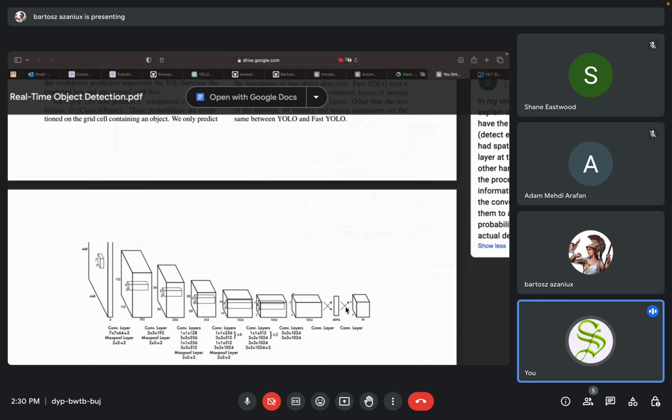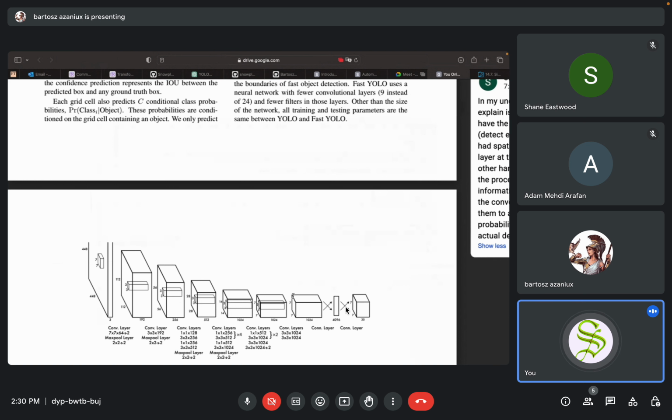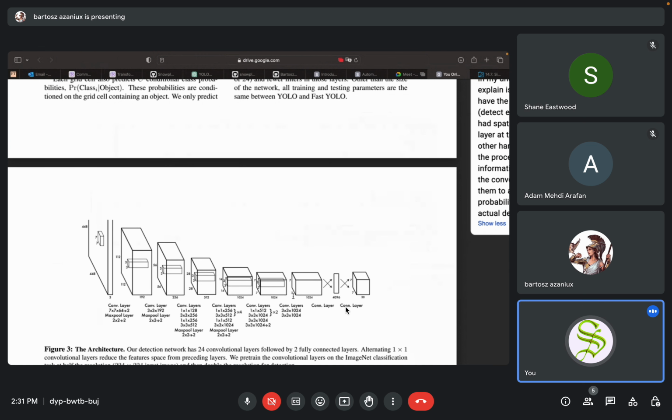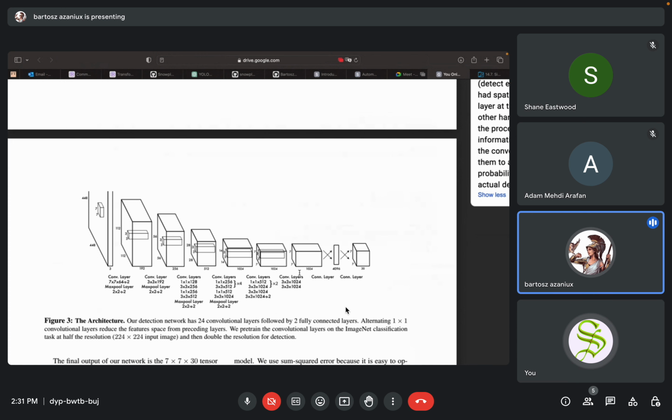But that's really crucial, because the whole idea of a convolution is you're aggregating general ideas. Your S grid then has information about its neighboring grids to some extent, because your convolutions bleed over to those other grids.